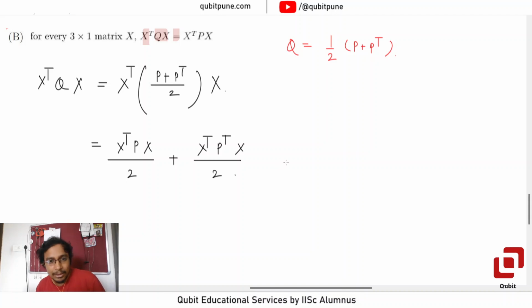At the end, what do we want? We want it as X transposed PX, isn't it?